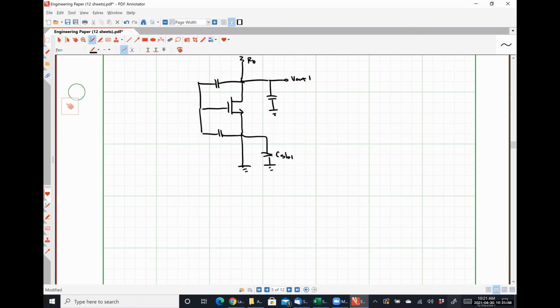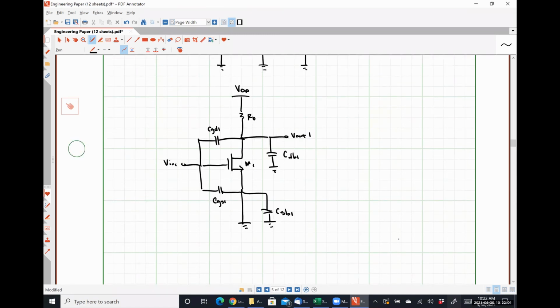So that would be V out 1, this would be the in 1. Here's CGD1, here's CGS1, this is M1, this is CDB1, and we can see that our half circuit looks exactly like the common emitter amplifier that we started all of this high and low frequency analysis with, so I'm not going to bother doing that again because we spent like 2.5 days on it.